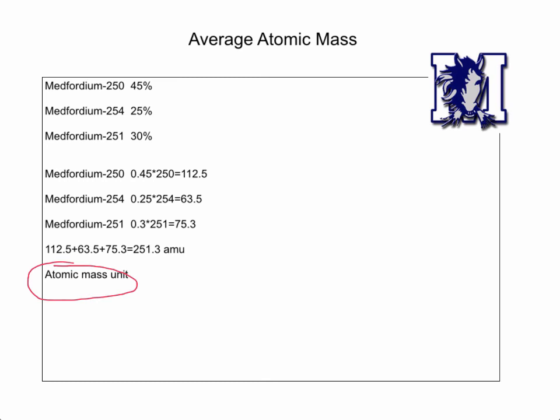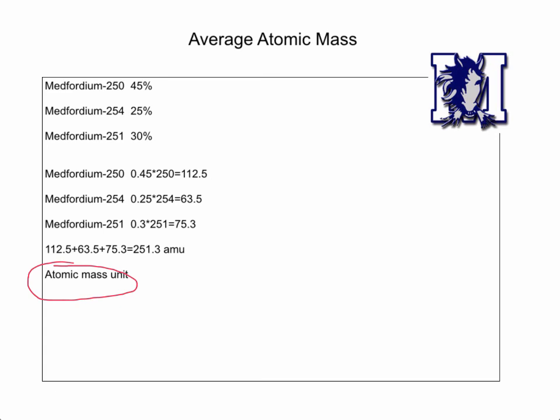One final way of looking at this process is saying that, well, 45% really means that if I had 100 medfordium atoms, 45 of them would have a mass of 250, 25 would have a mass of 254, and 30 would have a mass of 251.